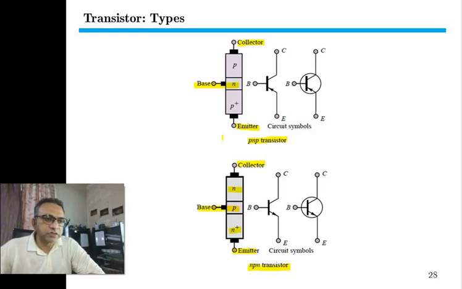This is because it is made purposely so that few electrons recombine and enter the base, and most of the electrons we want to jump from the emitter to the collector. So this is why the base material is always kept the thinnest, with a very small width, in both the PNP and the NPN transistor cases.